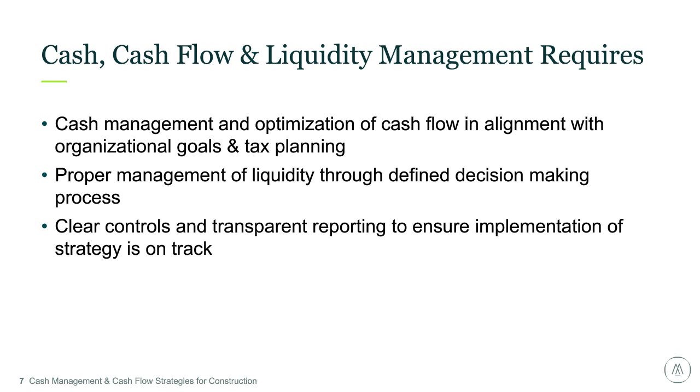The second step is managing liquidity. Ideally, organizations are creating excess liquidity, and what is their decision-making process for managing that liquidity? And the final piece for these organizations is managing and evaluating how they're performing. So the controls in place to capture and report the results of their activities and see if their strategy is on track, and if it's not, recalibrate that.